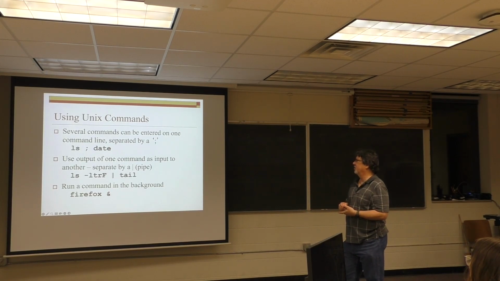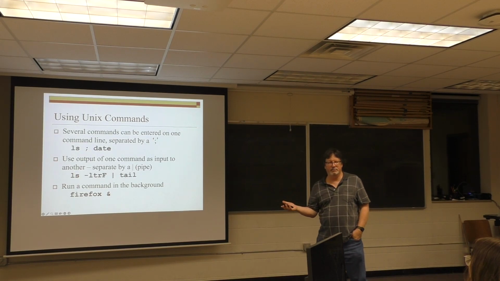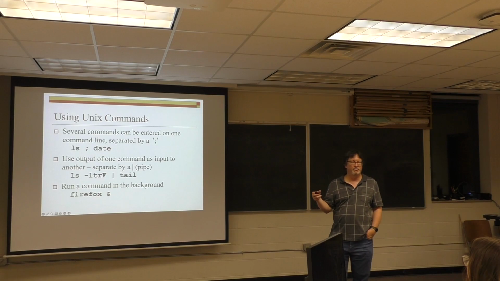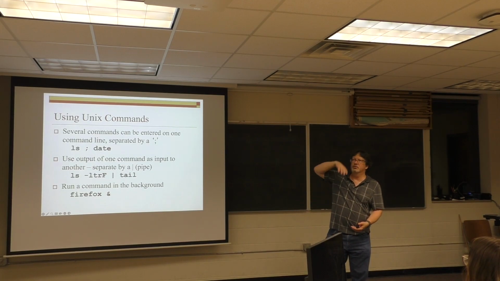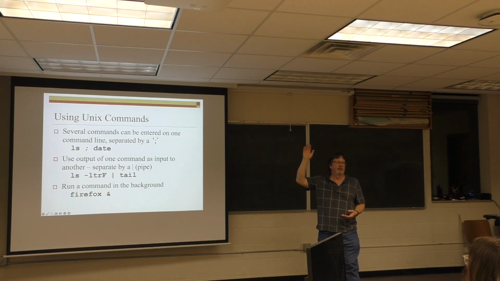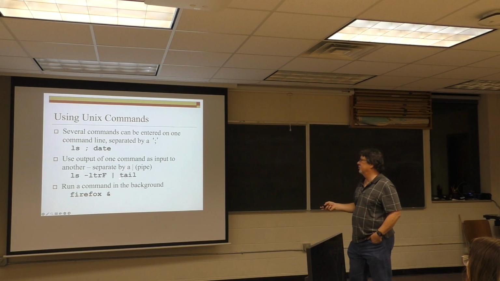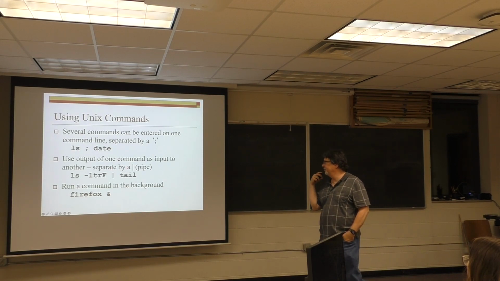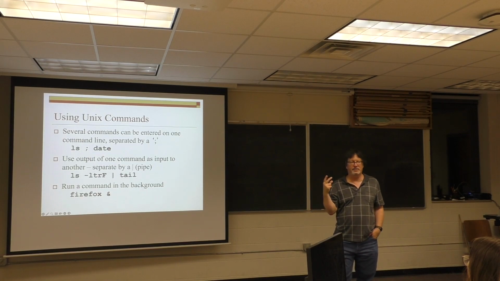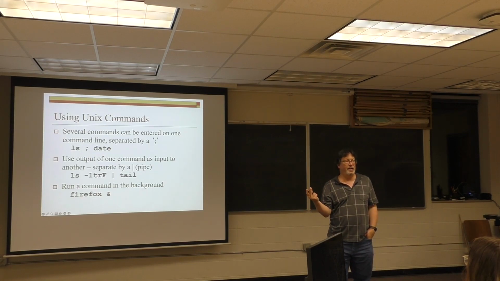Those pipes I was talking about earlier, in this case, I've got like 30,000 files in my home directory because I never use subdirectories. So if I do a long listing, I'm going to get this huge list of files, and it's just going to take forever to scroll my screen. If I pipe that output into a program called tail, which we'll talk about in a little bit, it by default shows only the last 10 of whatever you ran it on.